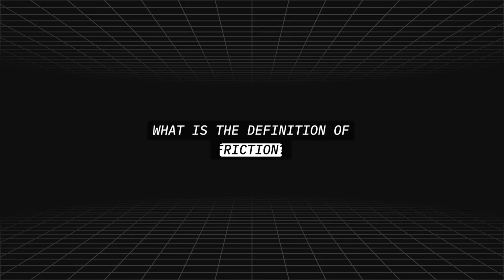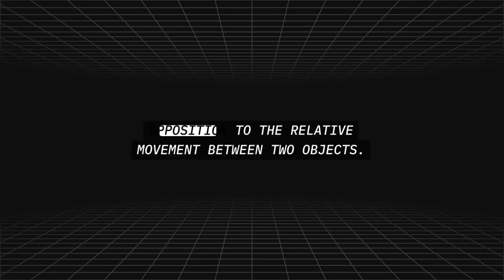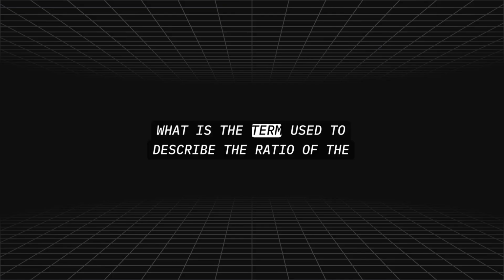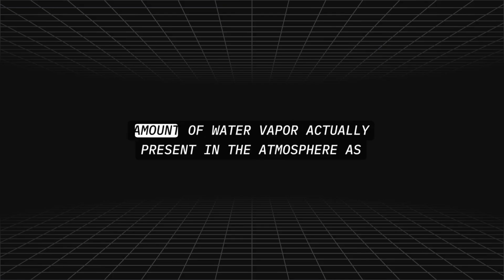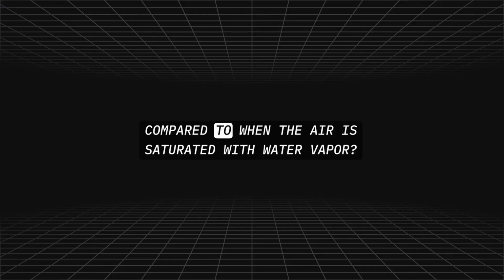What is the definition of friction? Opposition to the relative movement between two objects. What is the term used to describe the ratio of the amount of water vapor actually present in the atmosphere as compared to when the air is saturated with water vapor?